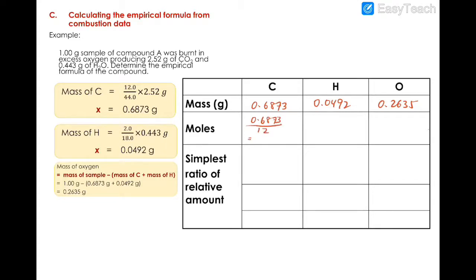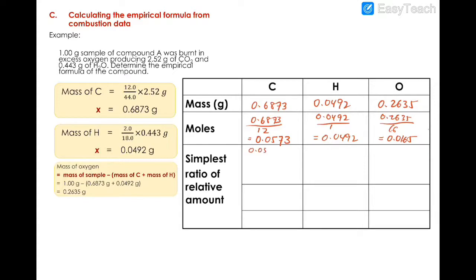So untuk carbon, the mole is 0.0573. Untuk hydrogen pula divide by 1 kita akan dapat 0.0492. Untuk oxygen pula kita divide by 16, so you get 0.0165. Okay, so antara semua mol kat sini yang paling kecil adalah mol untuk oksigen.